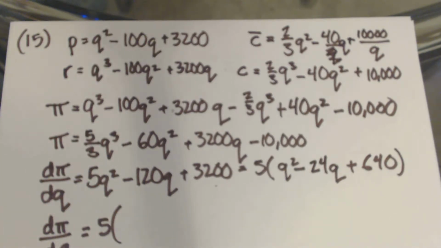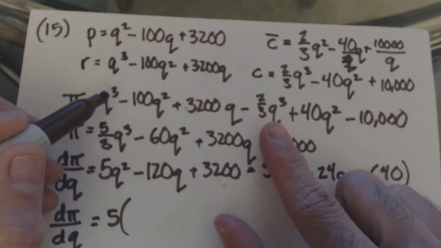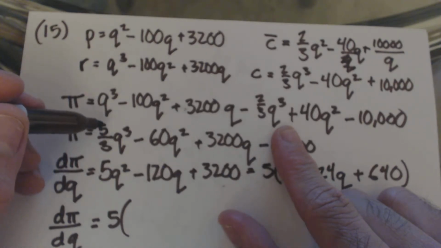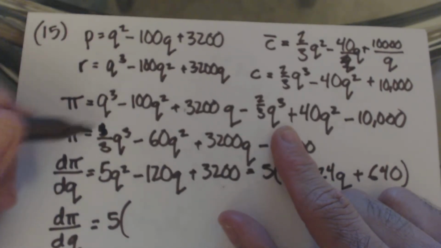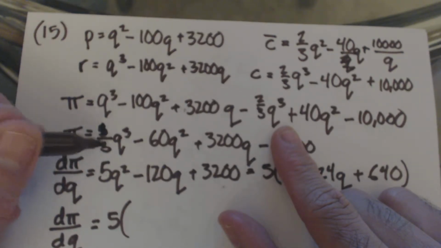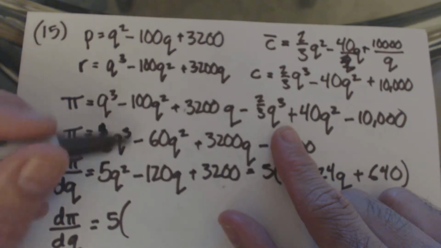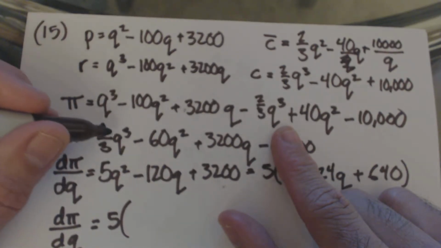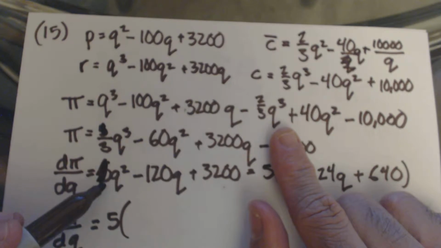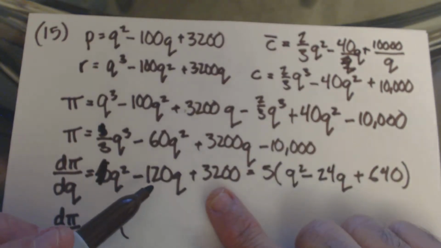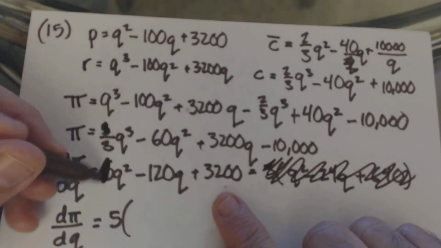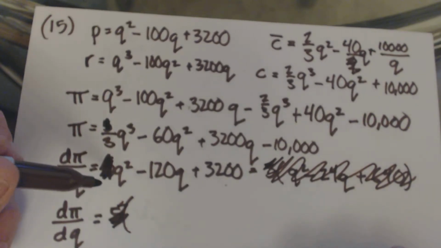Minus 2/3. Oh, I screwed up. Here, Q cubed minus 2/3 Q cubed is going to equal 1/3 Q cubed. So when I take the derivative, it's 3 times 1/3 Q squared, the 3's drop out, and so d pi dq is actually equal to Q squared minus 120Q plus 3200. So factoring out a 5 is out of the question. We're back where we kind of started from.